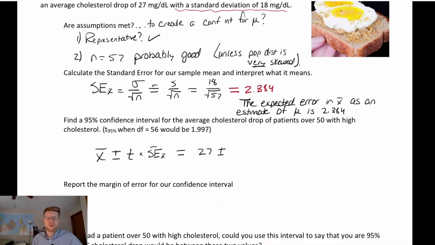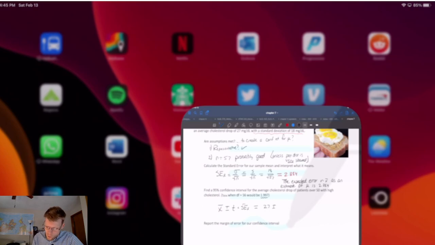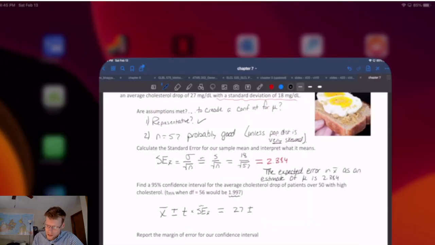In these contexts, when we're doing a t-interval or a t-test, you will always be provided the appropriate t-value associated with this confidence level and this degrees of freedom. So our t-value is going to be 1.997 times our standard error calculation of 2.384.